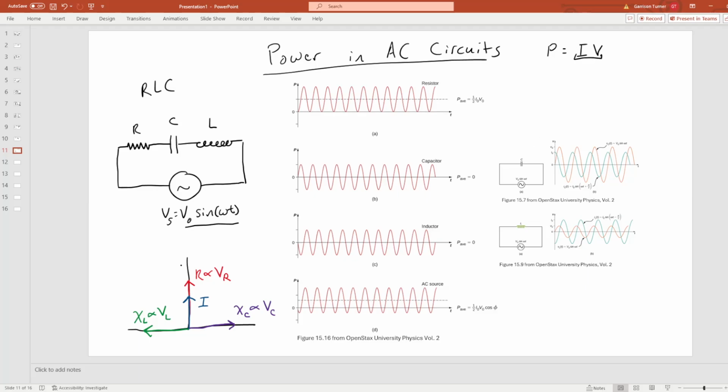The voltage across the resistor and the current are always going to be in phase.